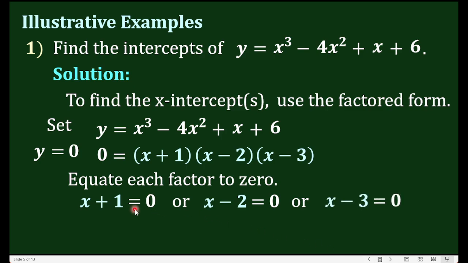We have 3 resulting linear equations in one variable, and for each we can easily find the value of x. For the first equation, x is equal to negative 1. For the second, the value of x is 2. And for the third, the value of x is 3.